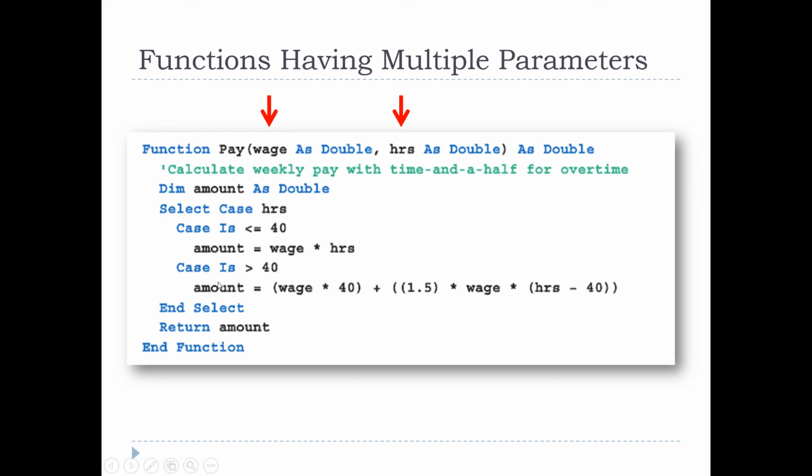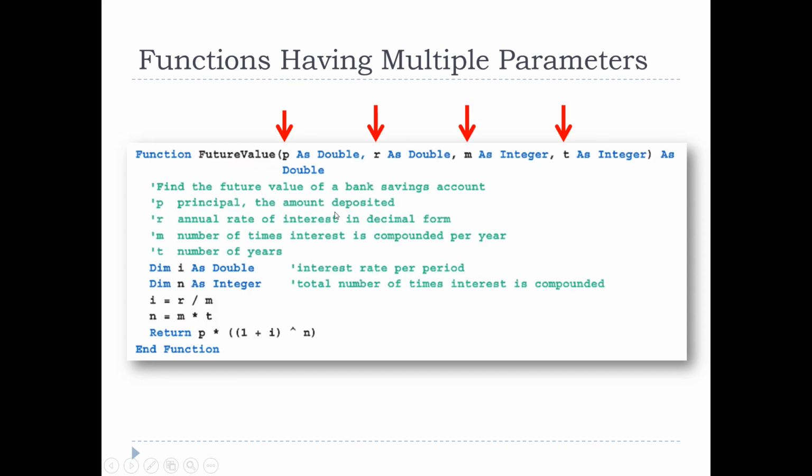So here's the regular pay, plus your overtime pay. You add them together and get your total amount. And then at the end, you return that amount back, so you get your pay from this function. So you use the wage in your function here, and the hours are also used here.